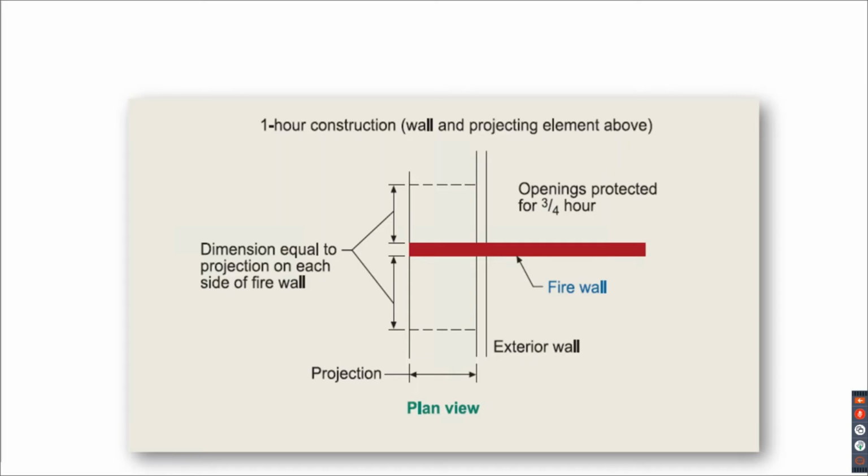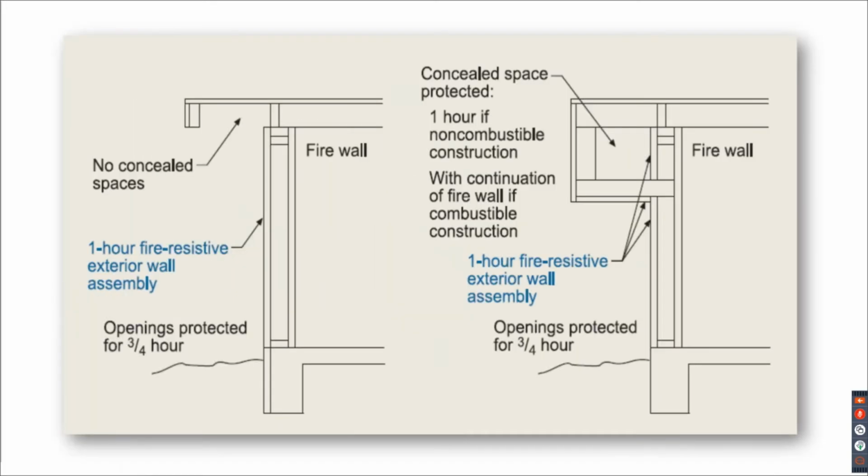So what's the dimension of your projection? It's the projection, and now you go where that firewall would intersect and go out either direction from that projection, and the openings in that space are going to have to be protected with 3/4 hour.